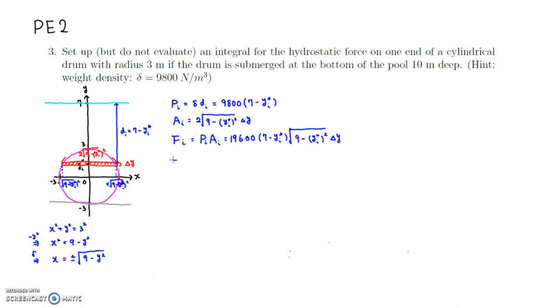So the force on the side of the drum is going to be the summation, i goes from 1 to n, of 19,600 times 7 minus yi star times the square root of 9 minus yi star squared delta y.